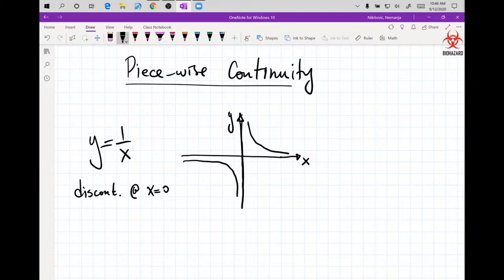But if you paid attention earlier in the example that I showed, is it continuous on the interval from 1 to infinity? In that case, yes, it is, because you don't care about the rest of the function. So this function is discontinuous, and we do not need to debate that.